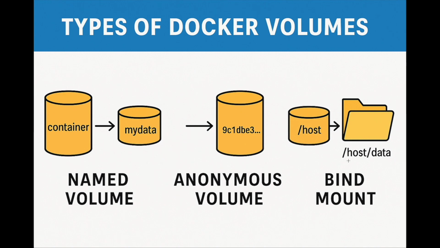To wrap up, use named volumes for production and long-term data safety, use bind mounts for development and quick testing, and be aware of anonymous volumes, especially when using official images.